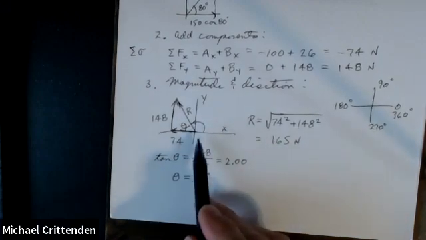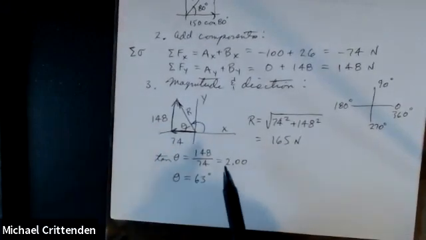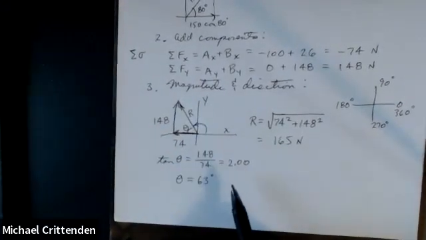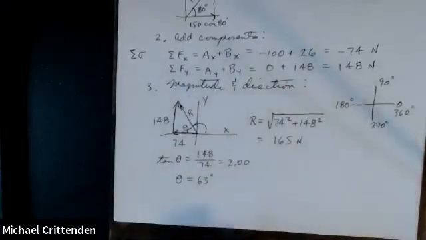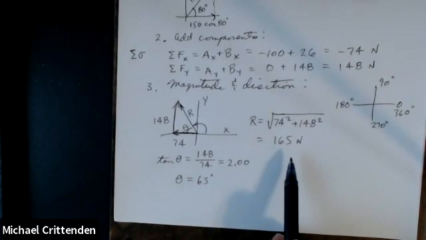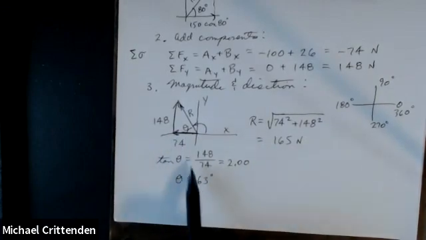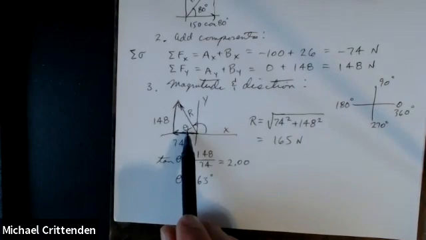Well, if this was some test problem that you handed in to me, and you had written down exactly what I've got here, I would give you full credit for it, because I can look at the sketch you made and see, okay, 63 degrees is this angle over here, and so that would be correct.